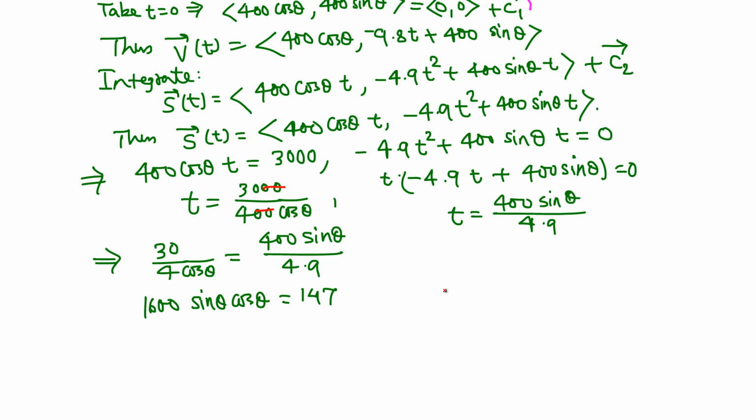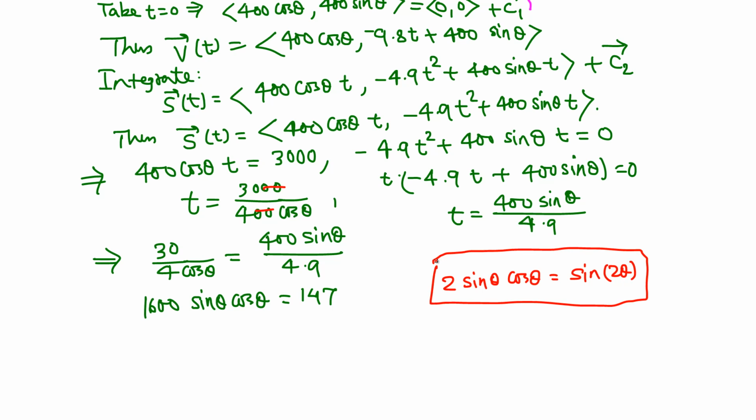We know that 2 times sine theta cosine theta is sine 2 theta, so that we can have theta in one place. 1600 is the same as 2 times 800, so we have 800 times 2 sine theta cosine theta, for which we can write sine 2 theta.